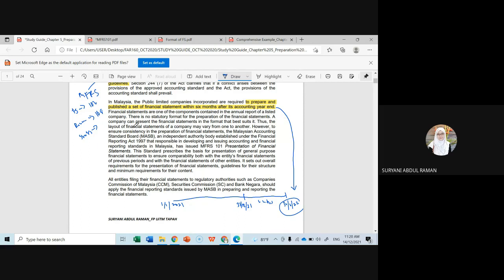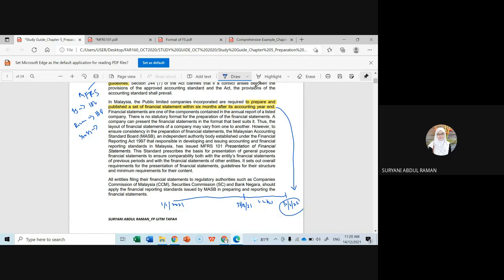Thus, the layout of financial statements may vary from one company to another. However, to ensure consistency in the preparation of financial statements, the Malaysian Accounting Standards Board, an independent authority body established under the Financial Reporting Act 1997 and responsible for developing and issuing accounting and financial reporting standards in Malaysia, has issued MFRS 101 Presentation of Financial Statements.